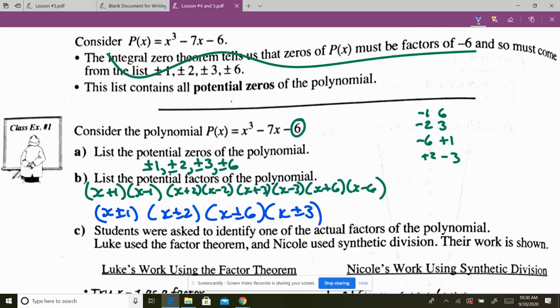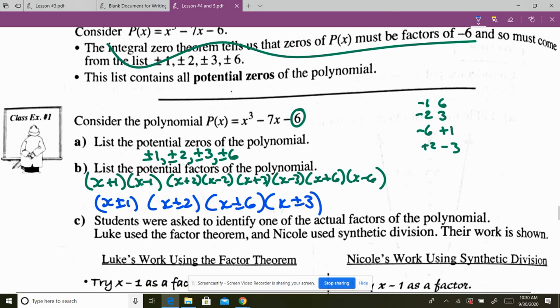So what you would do, in reality, you would test each one of these by plugging it into the polynomial and seeing which one gave you 0. And the one that gave you 0 is the one you would start with, the factor. Okay? I'm not going to make you test every single one because that would be tedious, to say the least. So I will narrow them down.